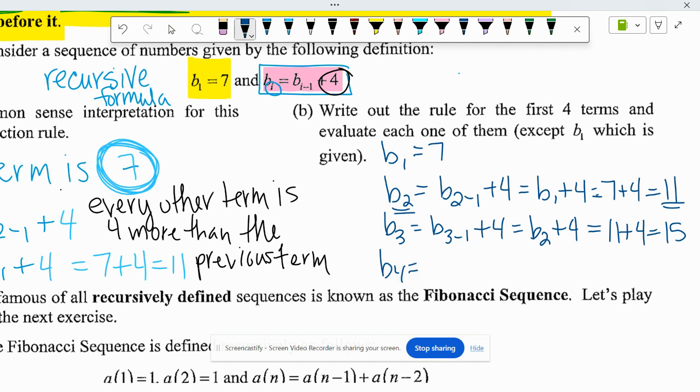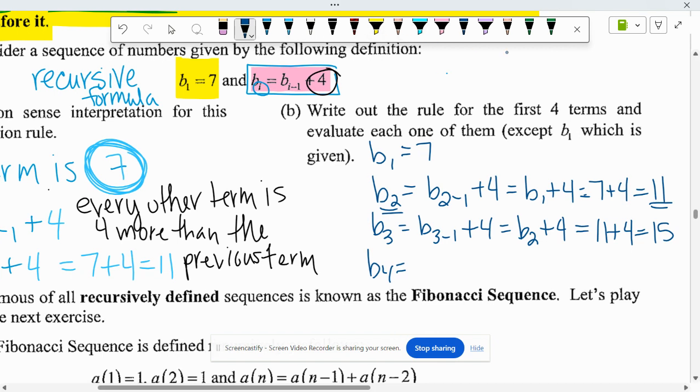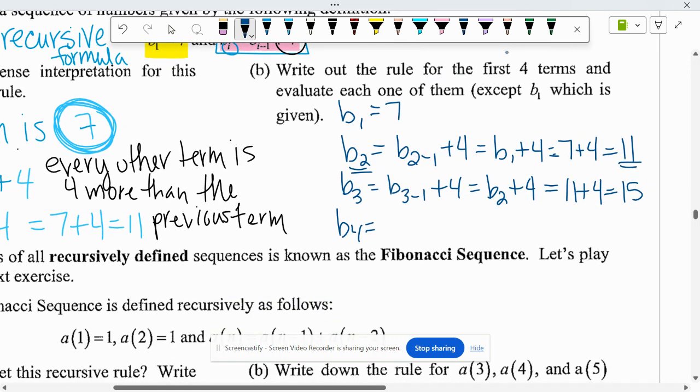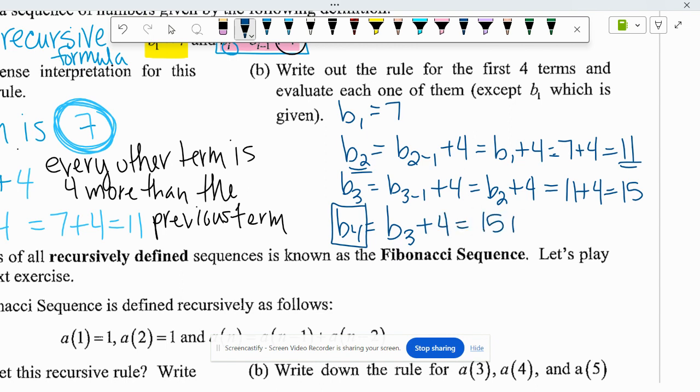What is the term that comes before b sub 4? b sub 3 plus 4, which equals 15 plus 4, which equals 19.